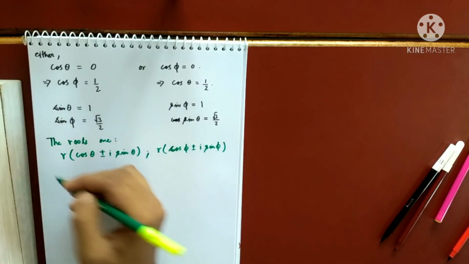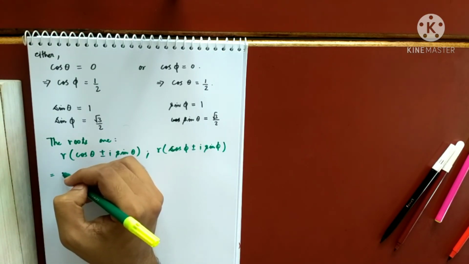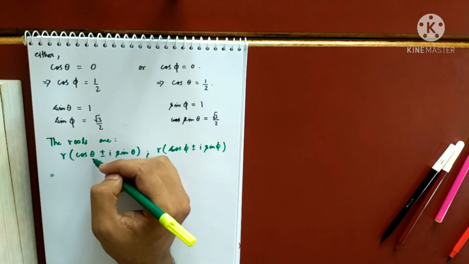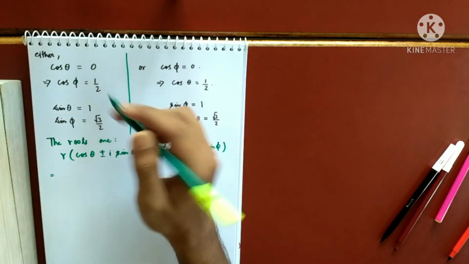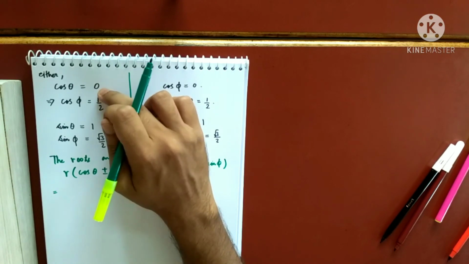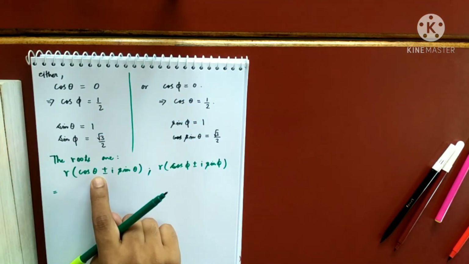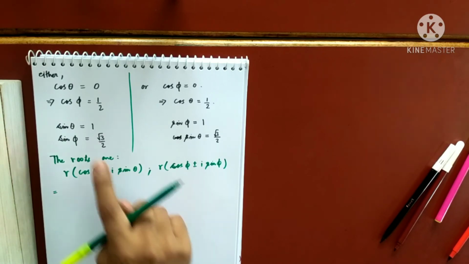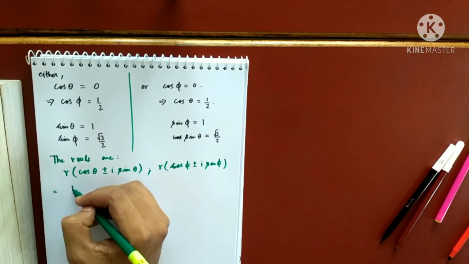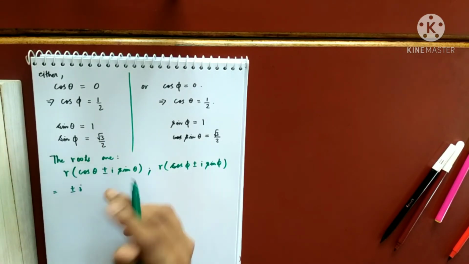Just put the values. r is 1, no need to write. Cos theta, I'm taking this case first, so cos theta is 0, and plus minus i sin theta, so plus minus 1. So from here I'm getting plus minus i.